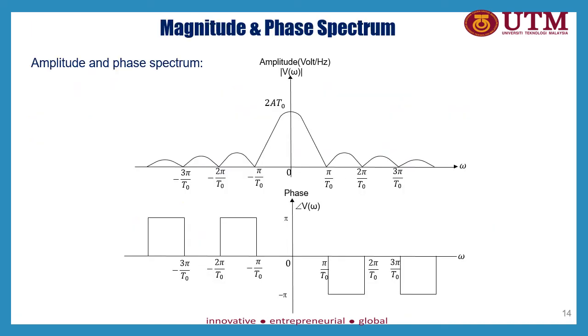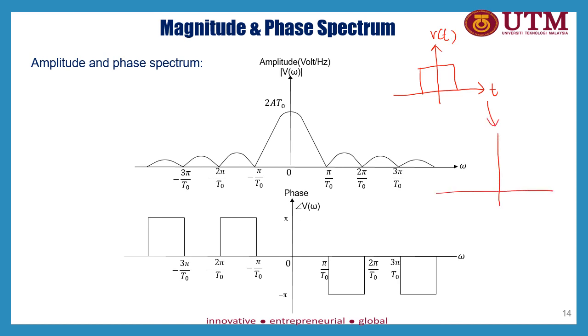Okay, this is how the magnitude and phase spectrum of a rectangular signal in time domain look. So you have the signal just now, rectangular in time domain. So this is how the signal looks like. So this is your v(t). So your V omega is supposedly the sinc function.